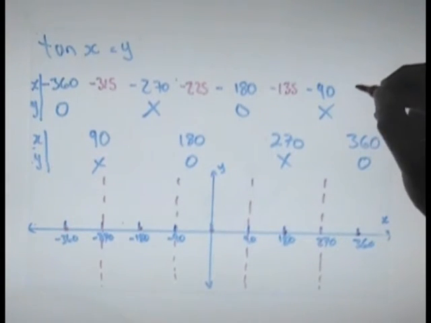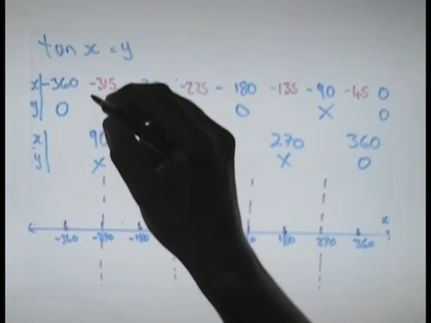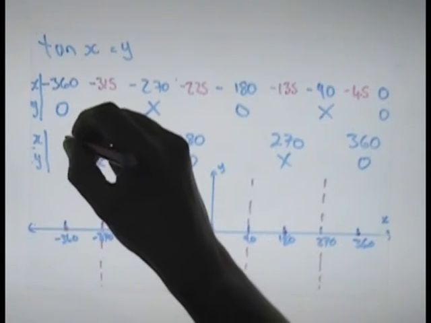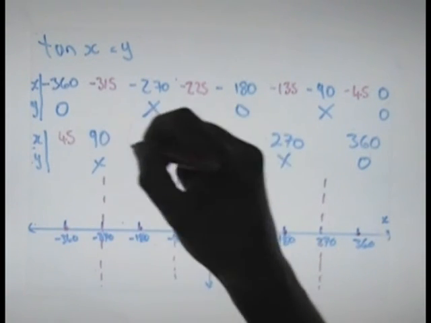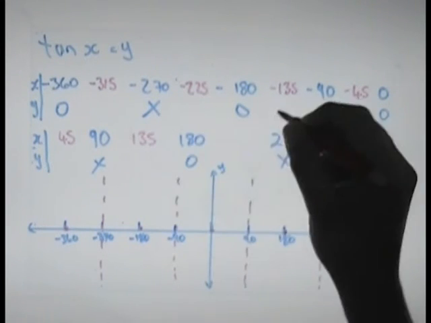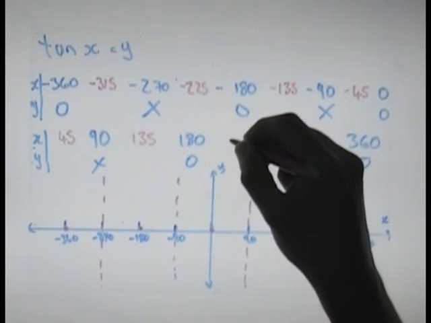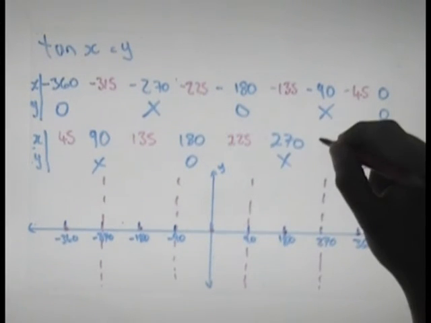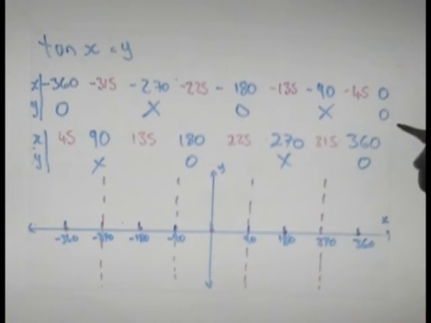Between negative 90 and 0 is negative 45. Between 0 and 90 is 45, 90 to 180 is 135, 180 to 270 is 225, 270 to 360 is 315.